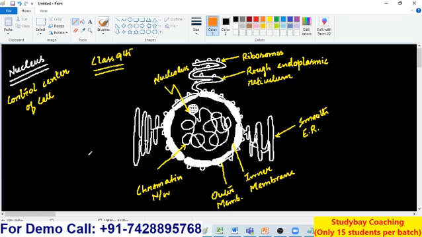Now a nucleus is composed of different parts as well. Let me write them all one by one. The first part consists of nuclear membrane. Right, number one. Number two, it consists of nucleoplasm.